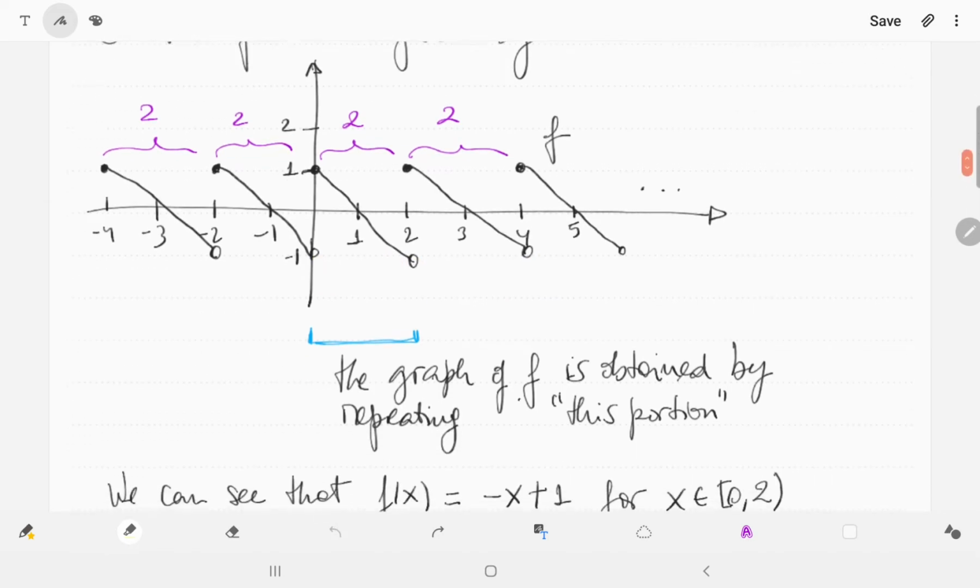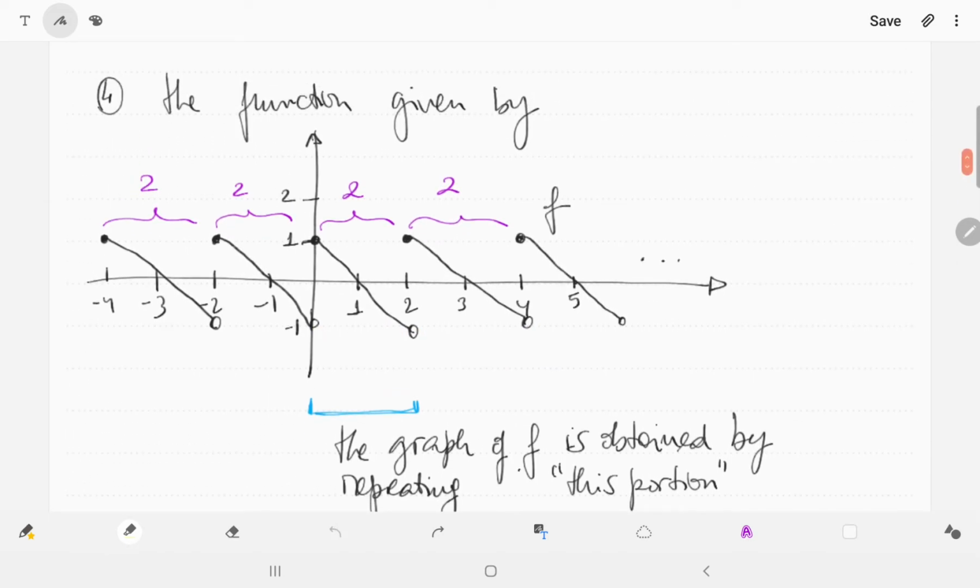Periodic functions in general: if we know the function in an interval of length the period, then we know the function in the rest of the line, because it just repeats itself many times.